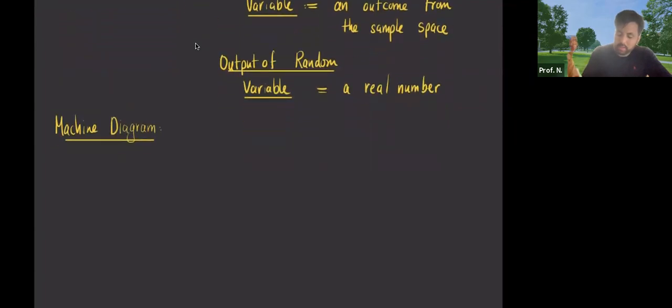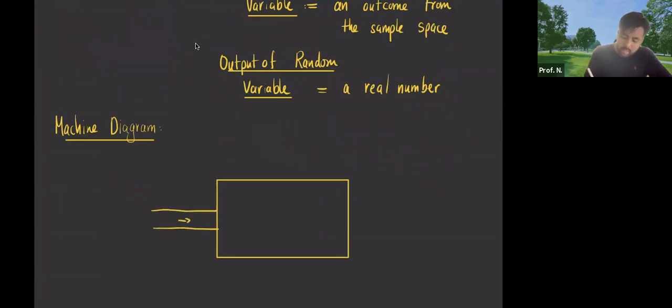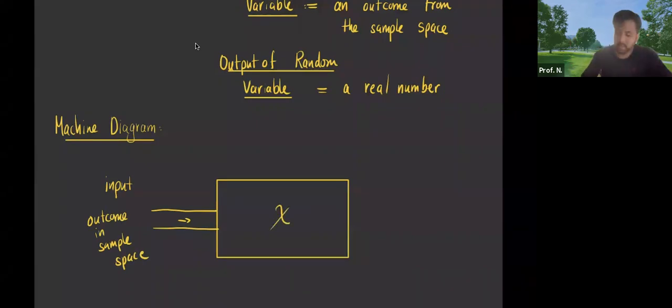We can think of it as having some kind of conveyor belt here, going in this direction, and the input is some outcome in the sample space. I put it into this function called a random variable called X, and then the output is a number.